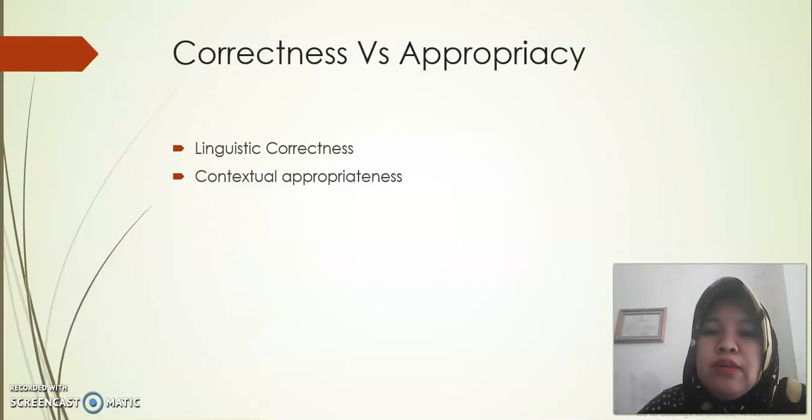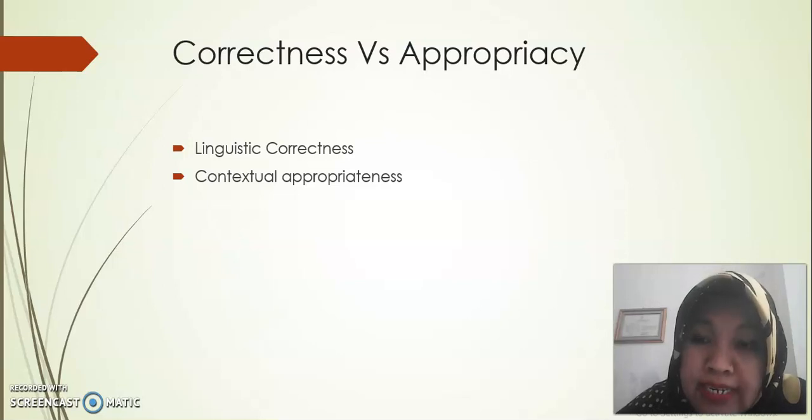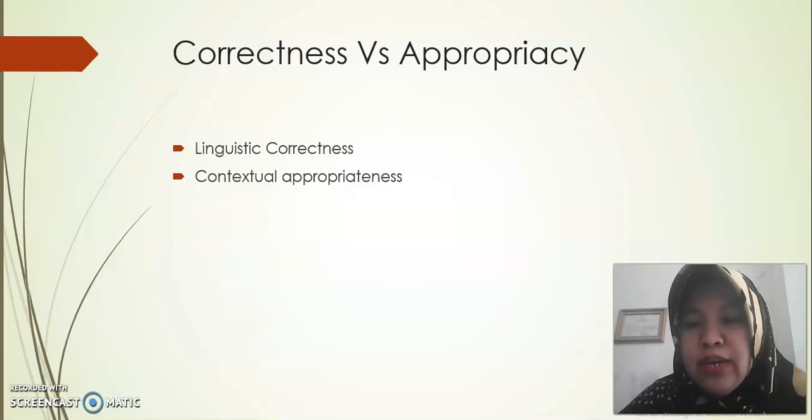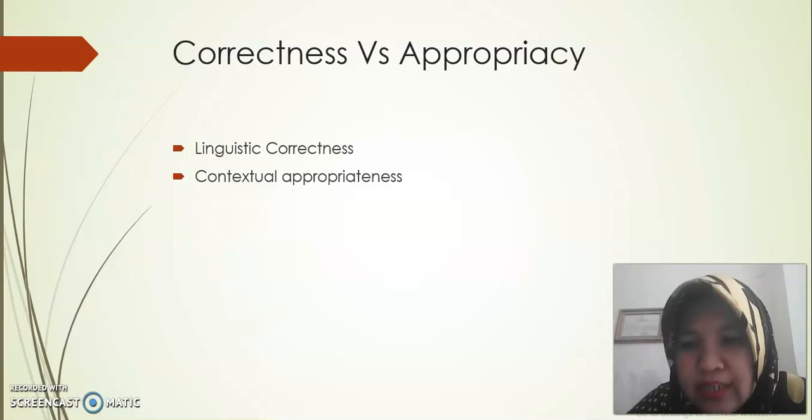And if we talk about contextual appropriateness, it means that the scoring criteria are determined by the context where we use the skills. For example, in speaking, I give you one example with specific expressions: addressing someone.